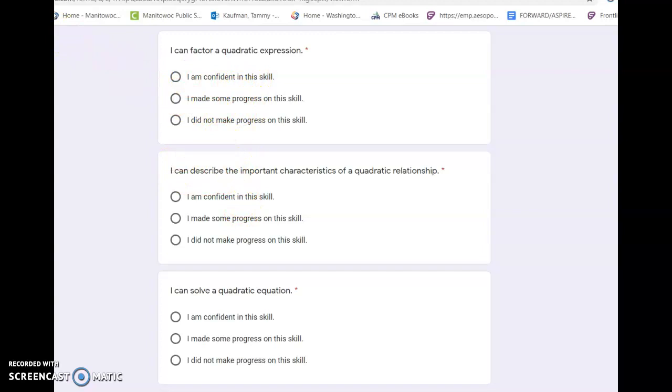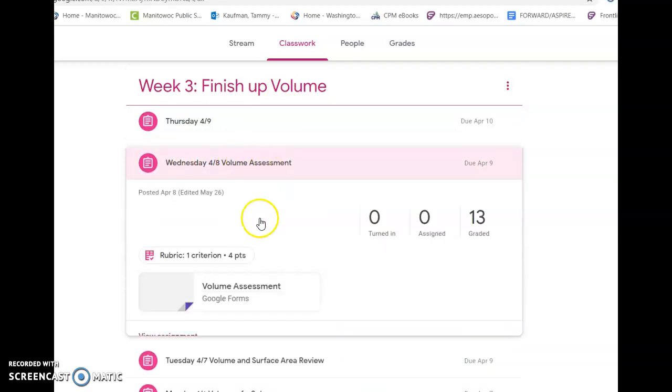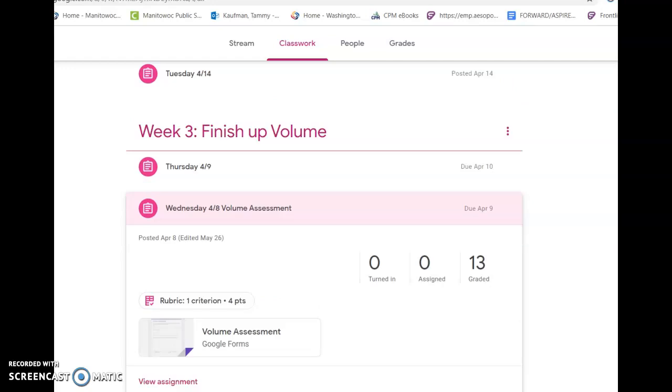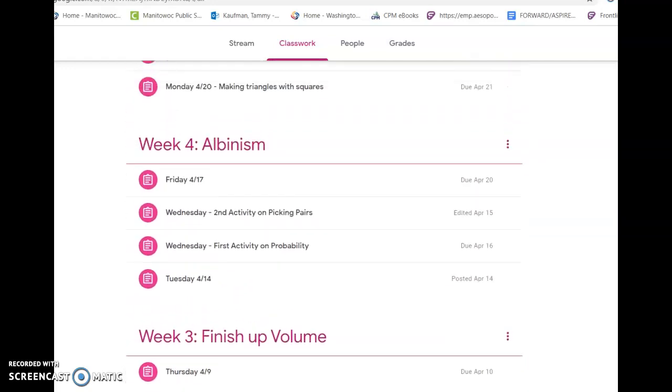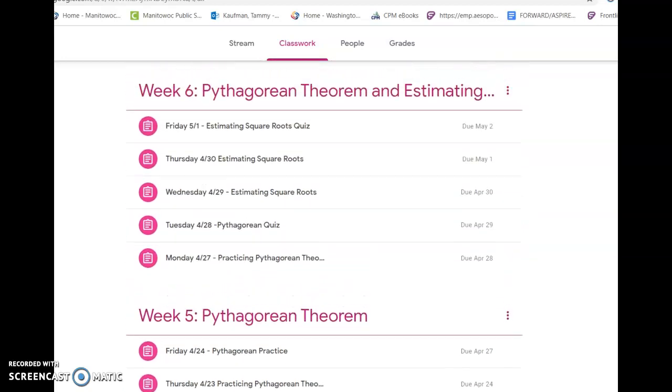Okay, so when I go over to the classroom, if you go down to week 3, it says finishing up volume. Way back on April 8th, we took the volume assessment. So you can go in and view that assignment, view your score, and that could help you with your reflection on that. Then, if you go all the way up, our next assessment was the Pythagorean theorem quiz way on April 28th.